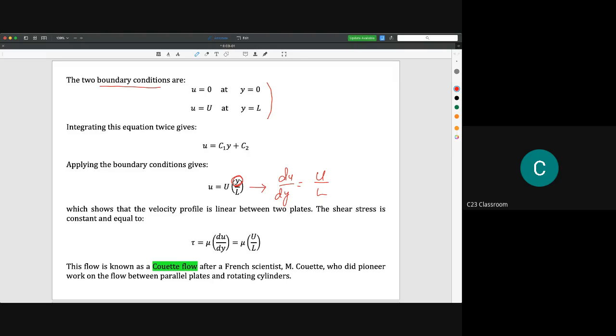So we only have U over L. So we substitute the value in tau here. So we get tau is equal to mu U over L. This is the basic idea proposed by one French scientist named Couette, so we call it Couette flow. This is for the condition where one plate is moving.